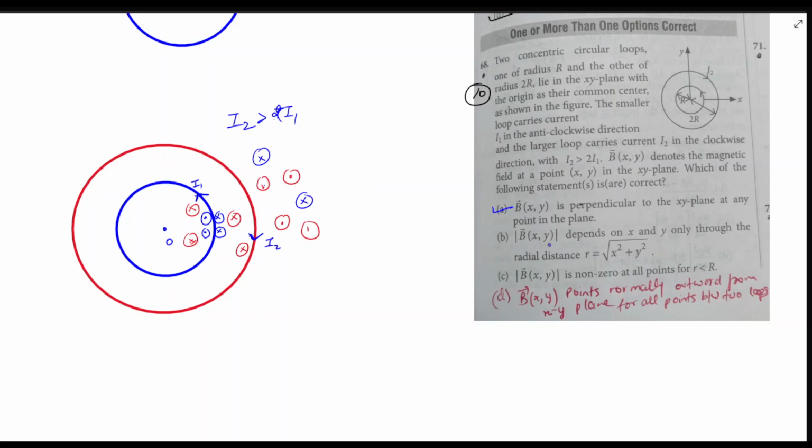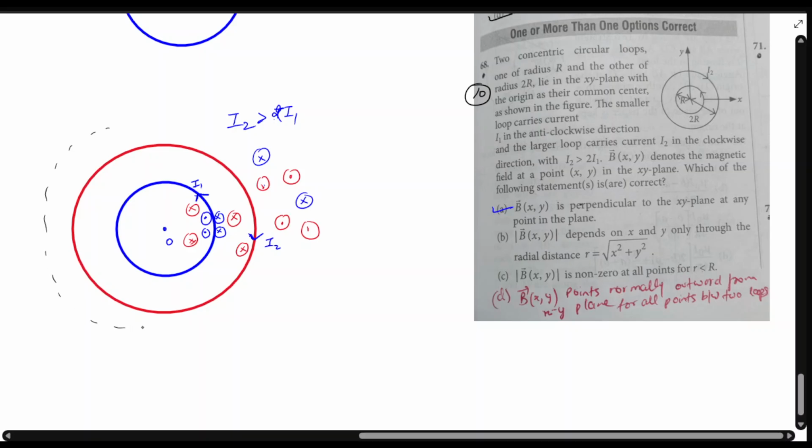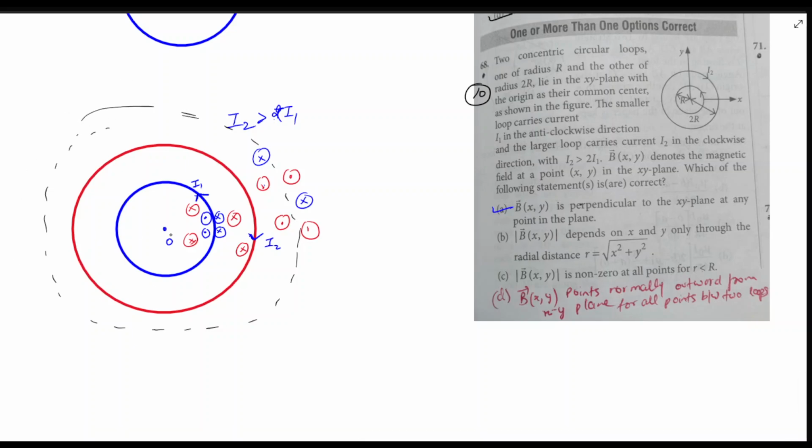For the B option, it says B depends on x, y only through the radial distance. Okay, so we can't find the magnetic field definitely, but if we make a circular loop like this, due to symmetry, we can say the magnetic field at any point will be according to this radial distance.